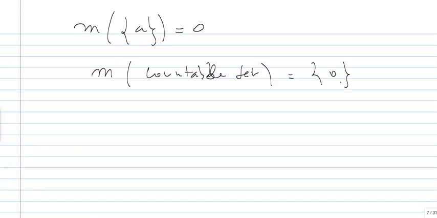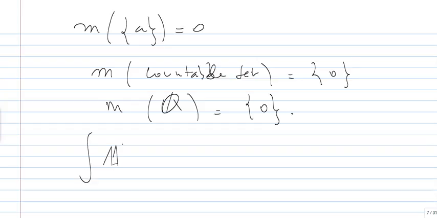In particular, we can talk about the measure of Q being equal to 0. Which tells us that we can now integrate the characteristic function of Q, which is, by the way, our Dirichlet function, and find that this is equal to 0. So it's really interesting.